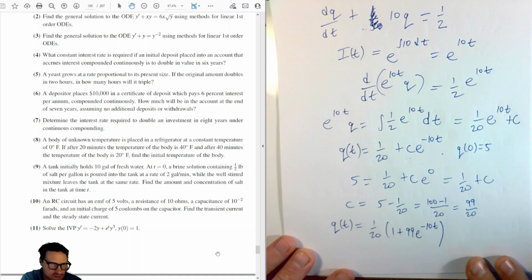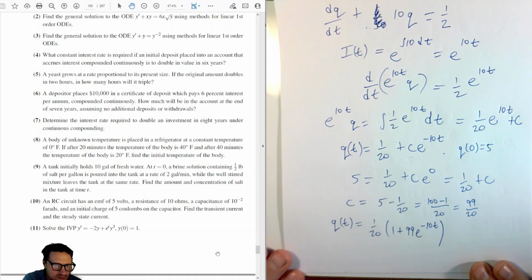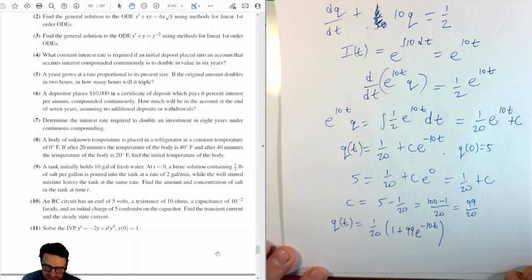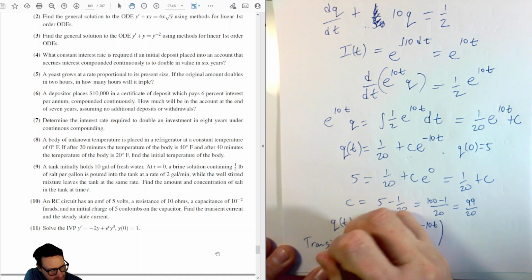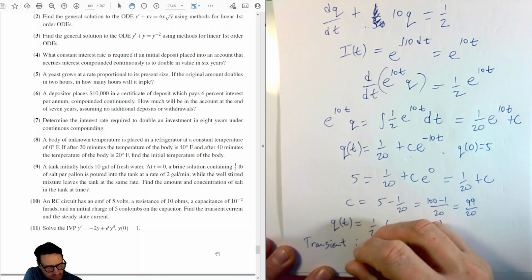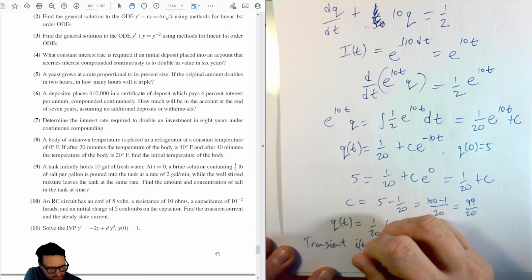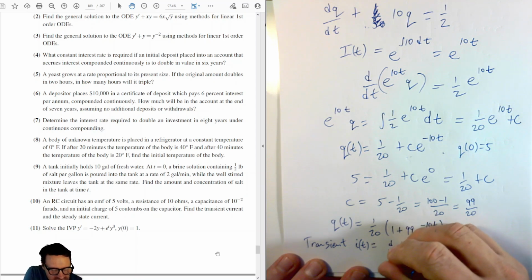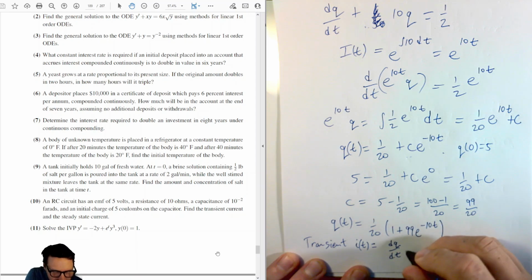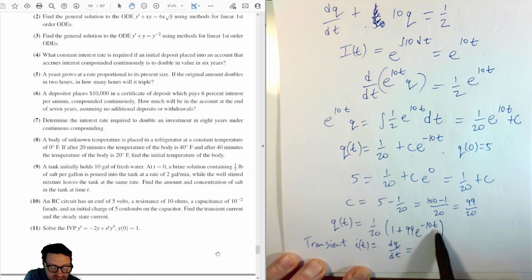The transient current, which is what we're asked for, find the transient current and the steady state current. So the transient current is lowercase i of t, which is dq on dt. And so we need to differentiate this with respect to t. The derivative of 1/20 is 0.